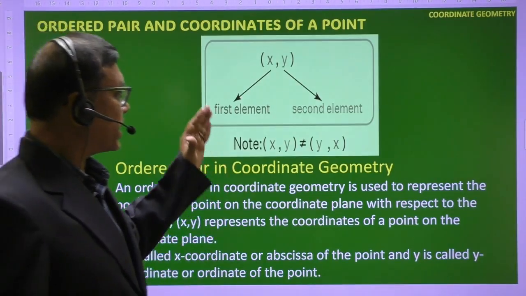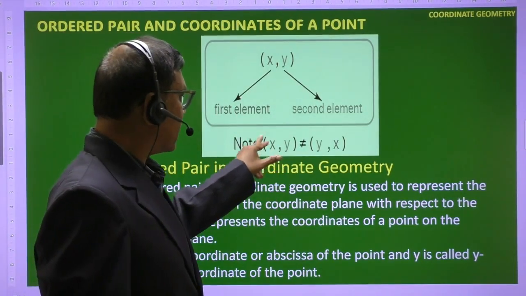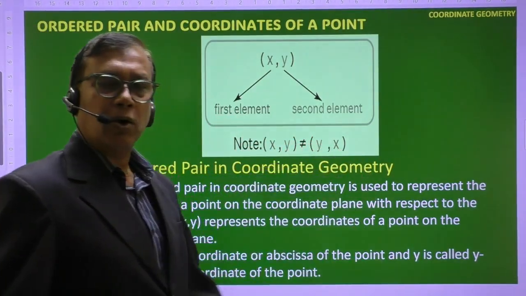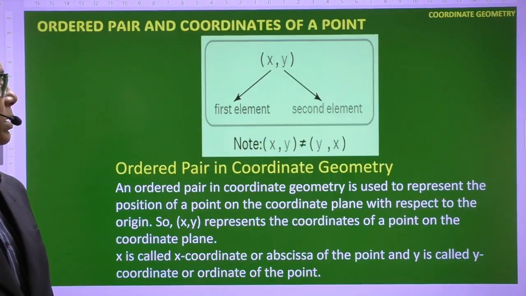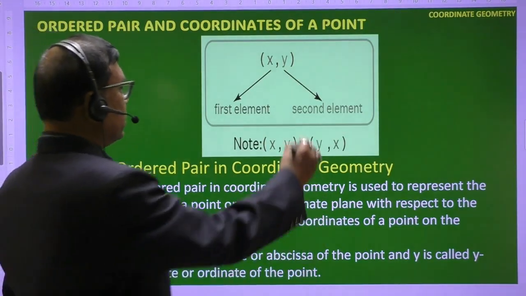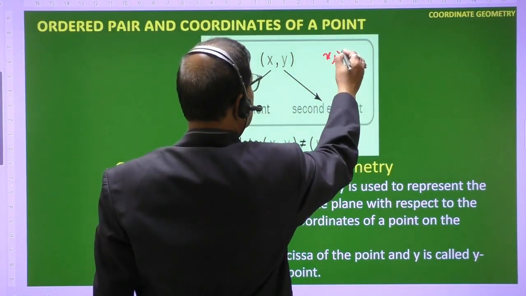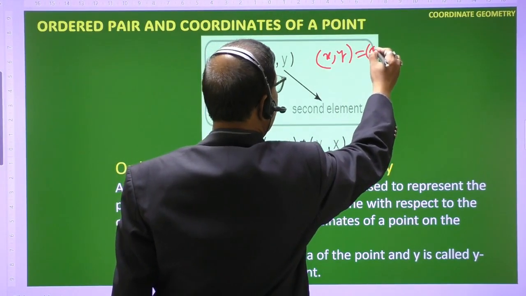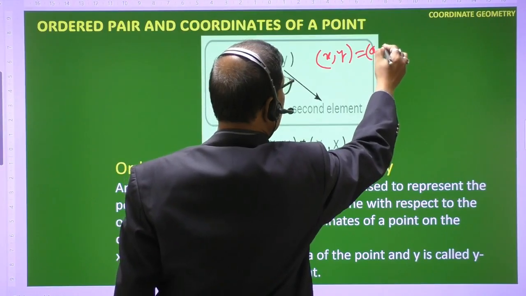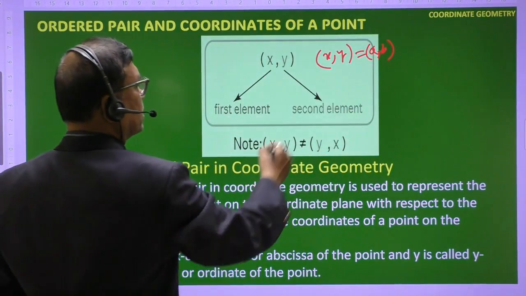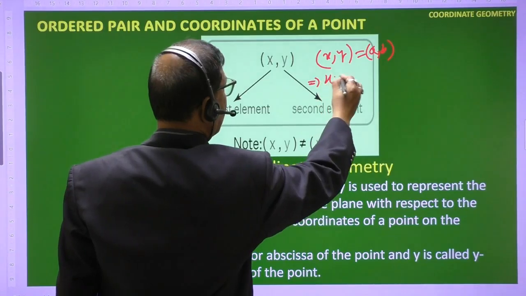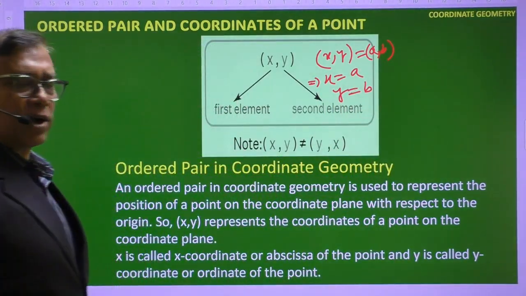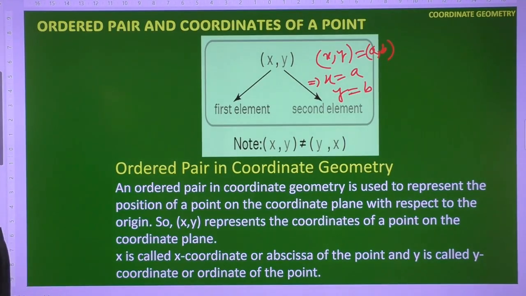But remember, the ordered pair x comma y is never equal to the ordered pair y comma x. When two ordered pairs are equal, say x comma y equals the ordered pair a comma b, that implies x equals a and y equals b. Otherwise they are not equal ordered pairs. Is it clear?